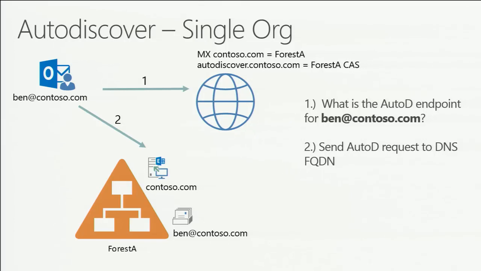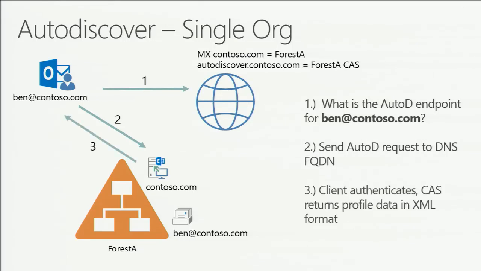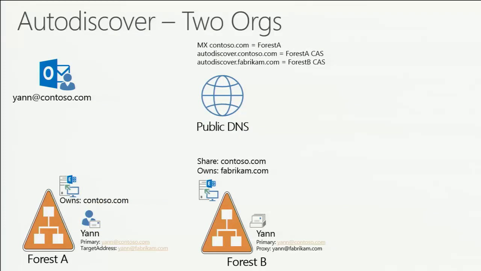We at Contoso.com have properly published Autodiscover, meaning that we are not securing Autodiscover traffic, right? This is published anonymously out to the internet. And we can then return the XML information for Ben's mailbox once he authenticates inside with what's required to configure that client from an Autodiscover perspective. Relatively straightforward. I think we're all quite aware of the basic concept of Autodiscover.